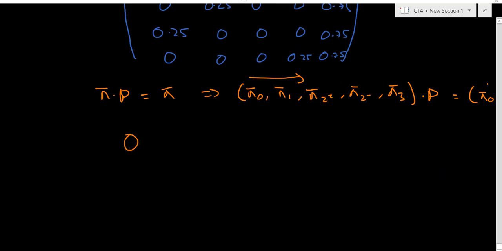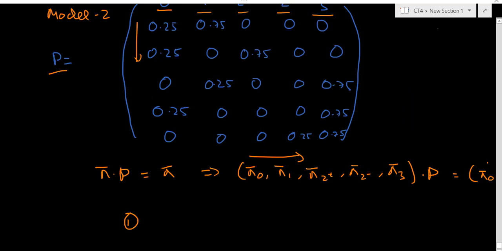Okay, so the first equation is multiplying this with this and getting the first value, that is pi 0. So it would be 0.25 pi 0, this first value into this first value, right?